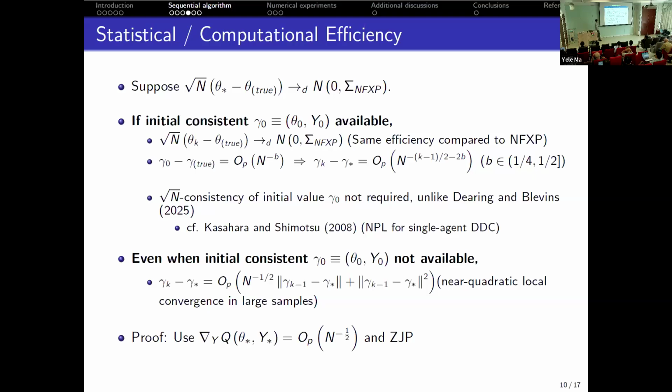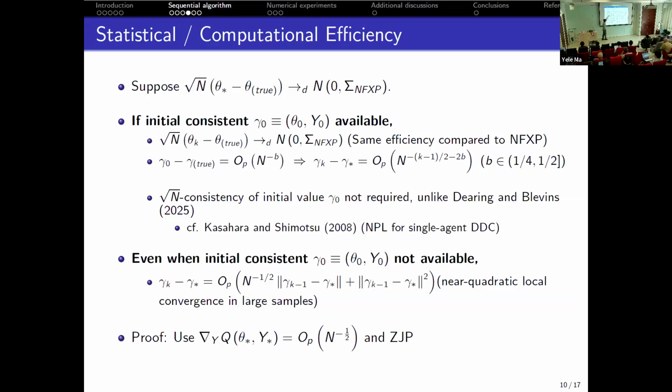And in this case, we can show that theta k satisfies this asymptotic distribution. So this implies that the sequential algorithms with GZP attain the same efficiency compared to NFXP.